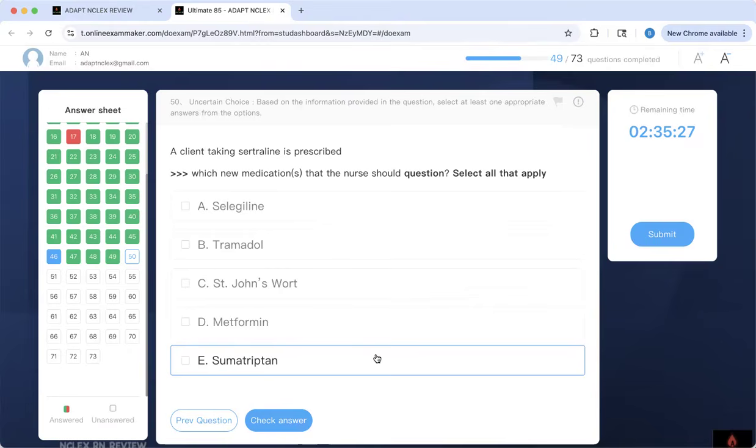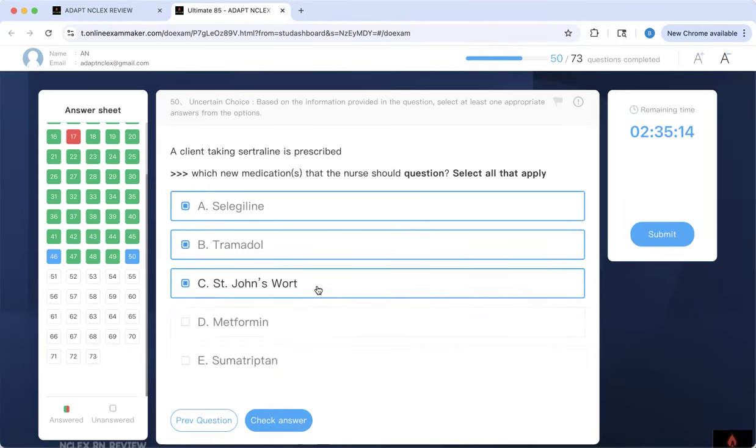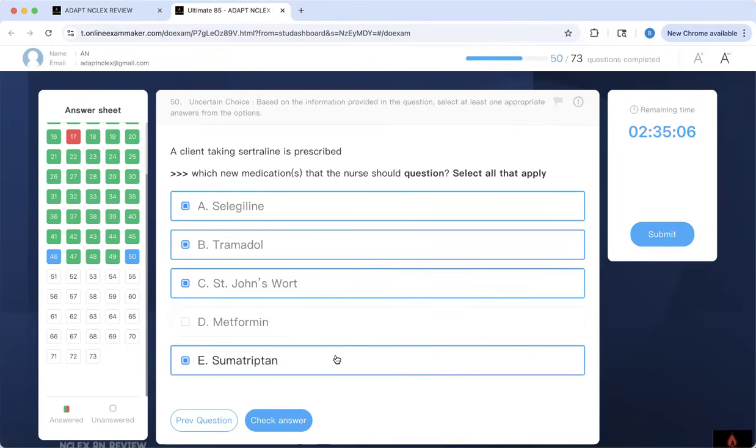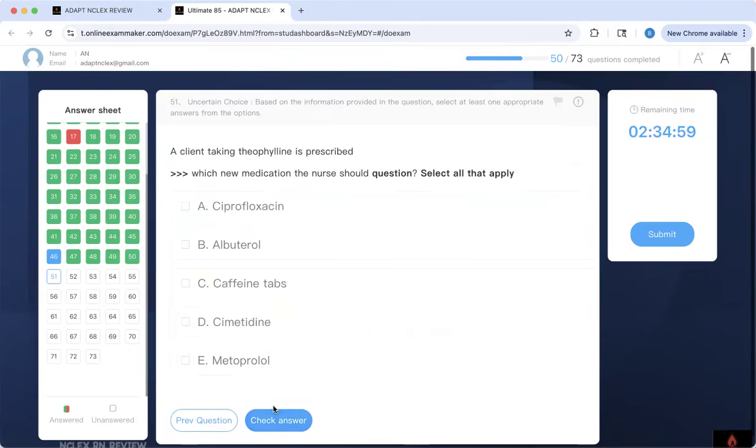Which one is an SSRI or has serotonin agonist activity? St. John's wort, what? Serotonin. What do you think? Metformin does not do that. Sumatriptan is also a serotonin agonist. All these things you should avoid when you're taking sertraline.